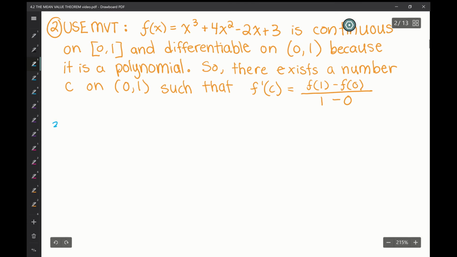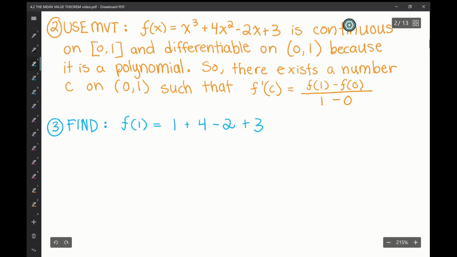Next up, we want to actually find those values. In order to find the values of c, or perhaps just one value of c, we know there's at least one, we need to first find f of 1 and f of 0. F of 1 will be equal to 1 cubed plus 4 times 1 squared minus 2 times 1 plus 3.